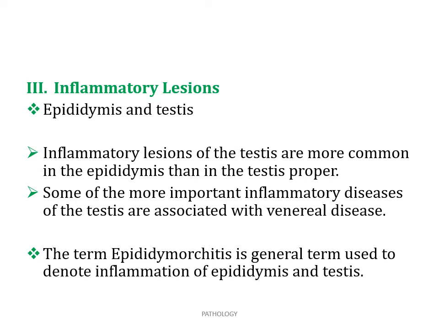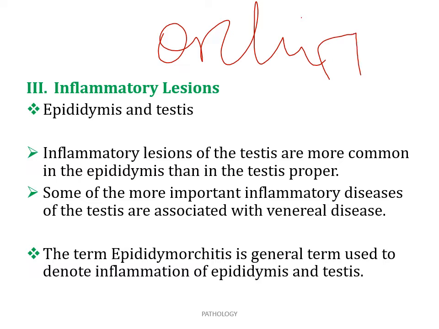We can also have inflammatory pathological conditions affecting the testes. When the testis is affected, or we say inflammation of the testis, this is known as orchitis. Remember, the epididymis lies in a very close relationship with the testis, so sometimes it's very difficult to have an isolated infection of the testis which does not involve the epididymis.